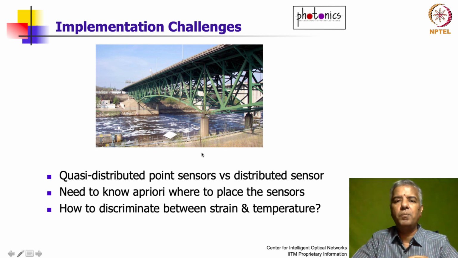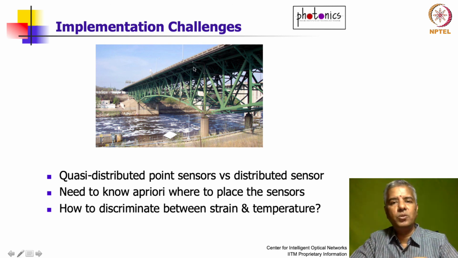You may say that points which are well supported are less likely to develop cracks, whereas the middle region between two supports has a higher probability of a crack, so you may want to put a sensor there. Or if you cannot decide where to put the sensor, just do a distributed solution: have a fiber all across, and then you can get the entire strain map along the length of the fiber.